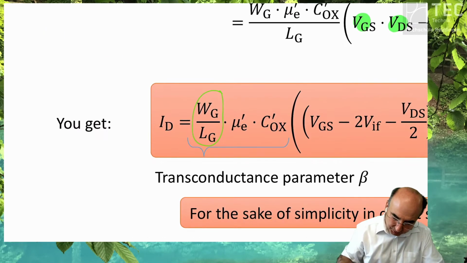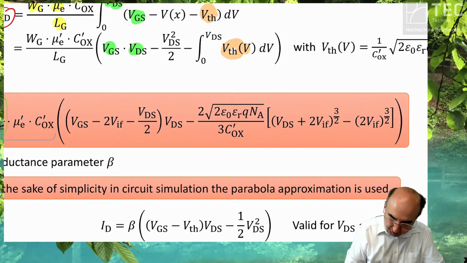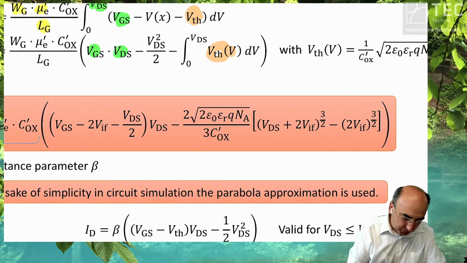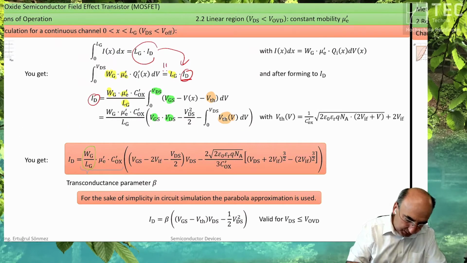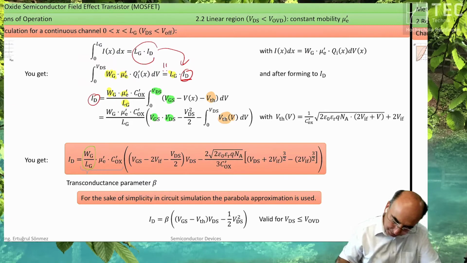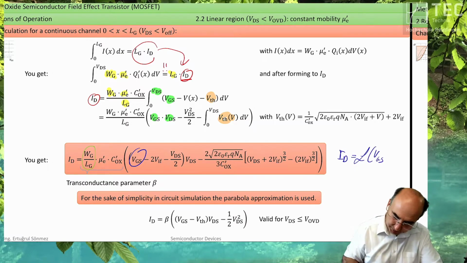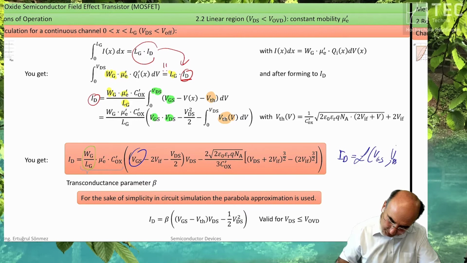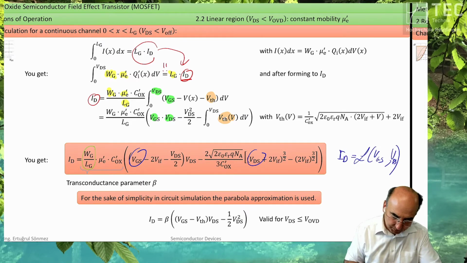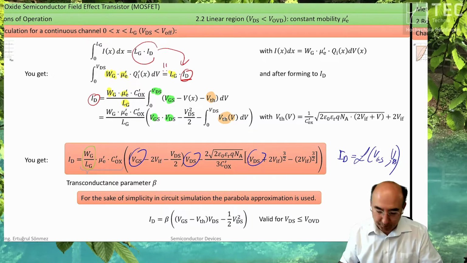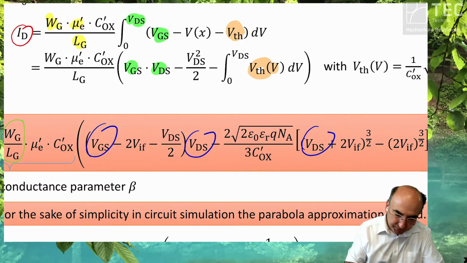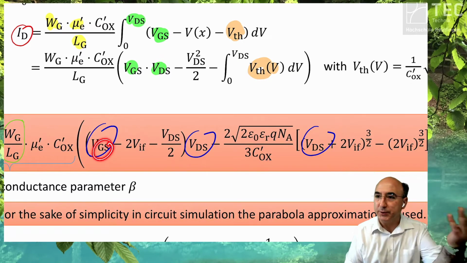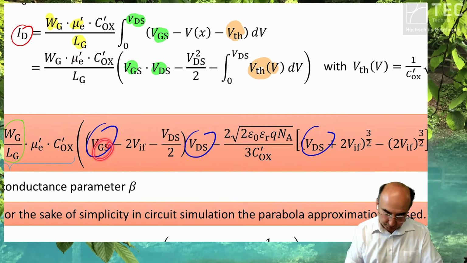Okay, now let's go towards the rest of the stuff. So what is our aim? Our aim is to find out the drain current as a function of VGS, we have it here, and VDS, we have it here and here. So that was our aim. And we find out that if you increase the gate voltage, you increase the current.